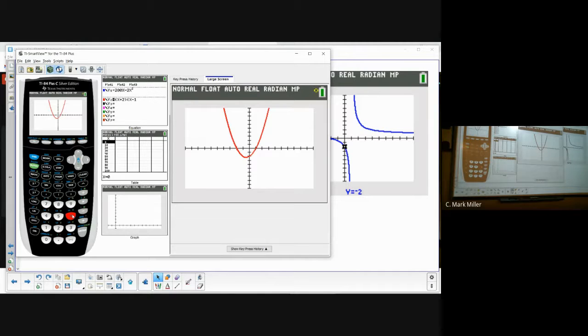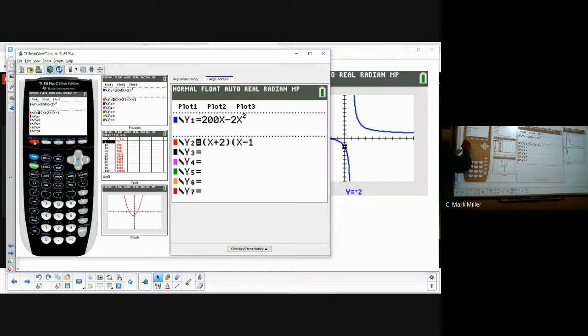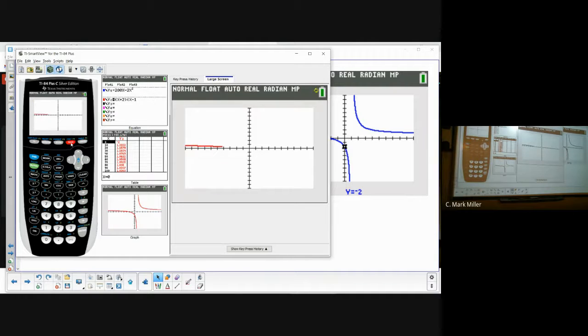What happened? Sorry. I didn't put a dividing sign in. Okay. That's the same graph you have on your paper.